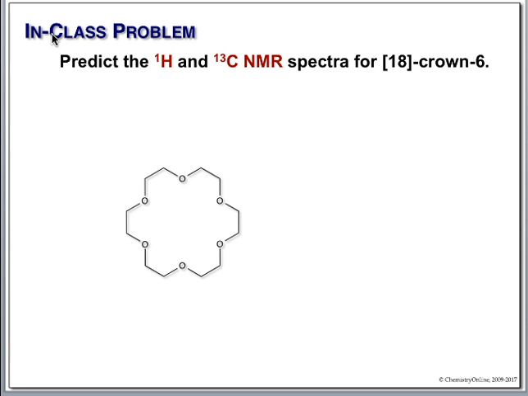Well, as you look around, we have a CH2 and a CH2. Are they different? No, in the simple NMR world, they're not. This one is next to a CH2 and an oxygen. This is next to a CH2 and an oxygen. They're pretty much the same guy, aren't they? So my prediction would be one type of carbon.